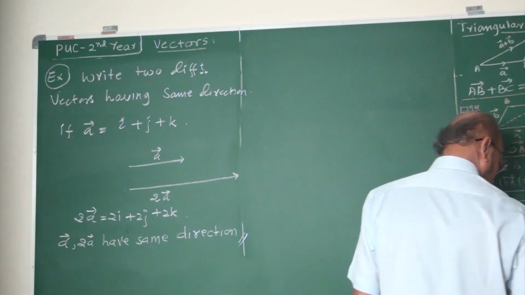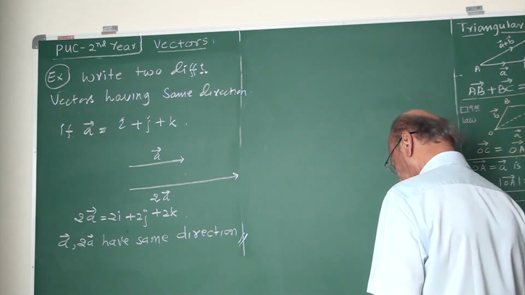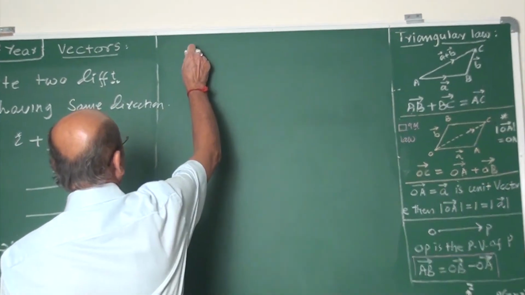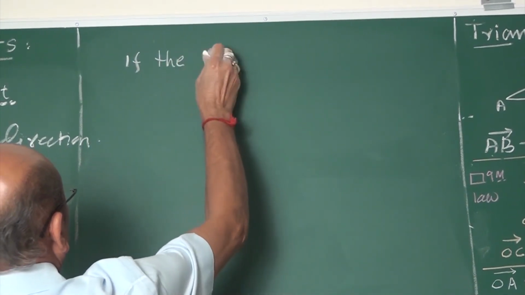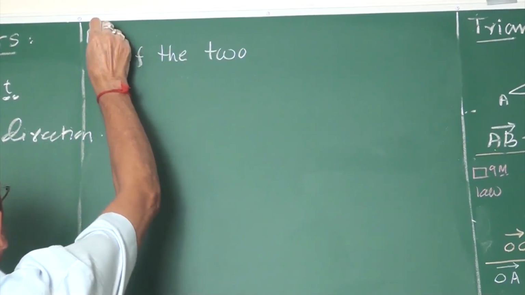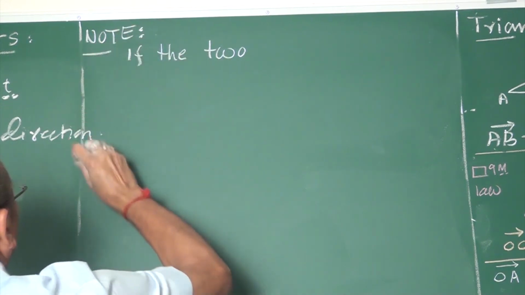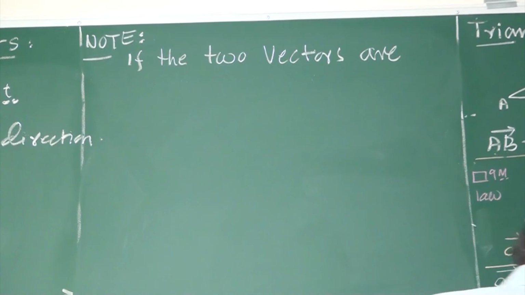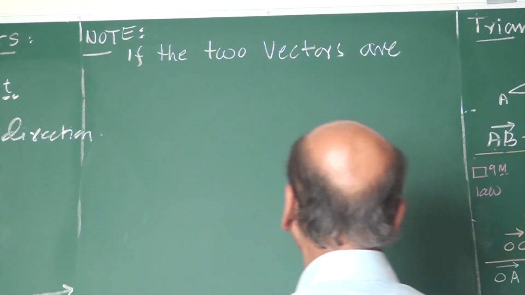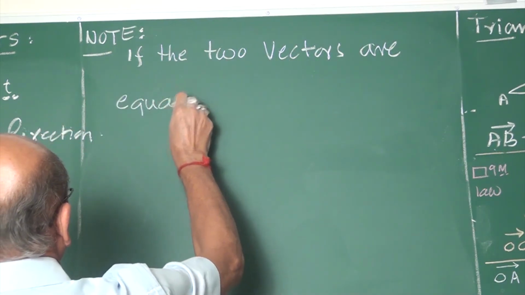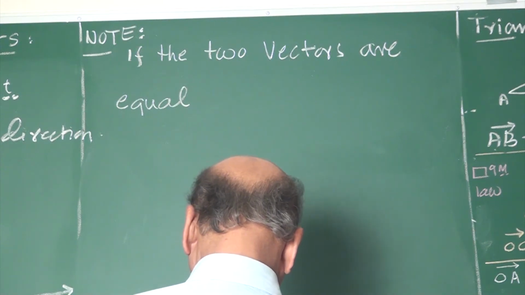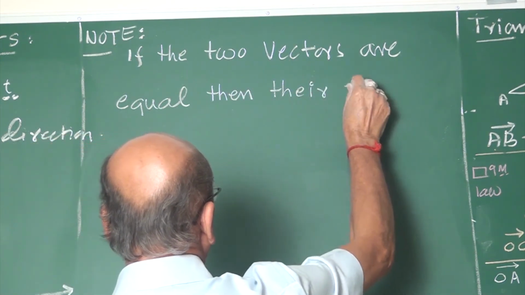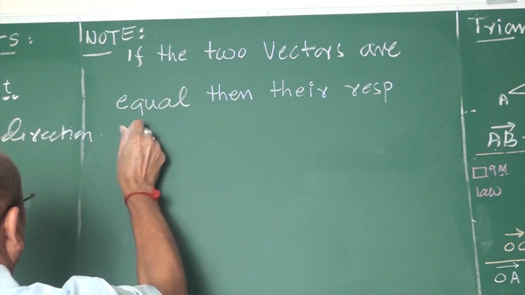Note: if two vectors are equal, then their respective scalar components are equal.